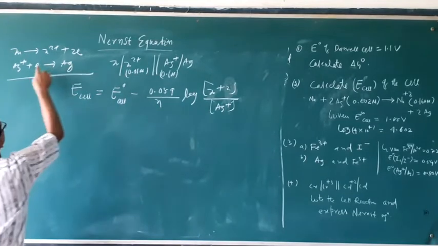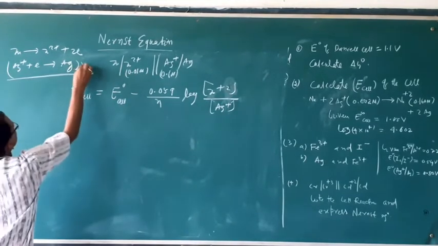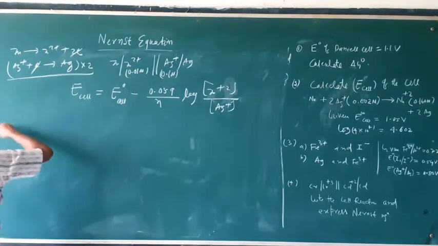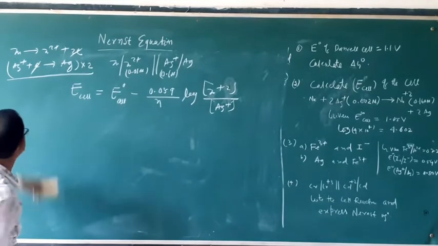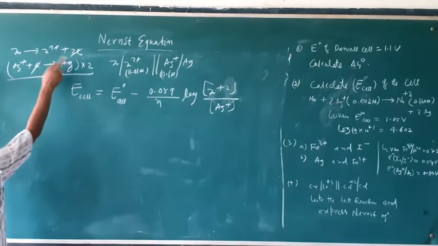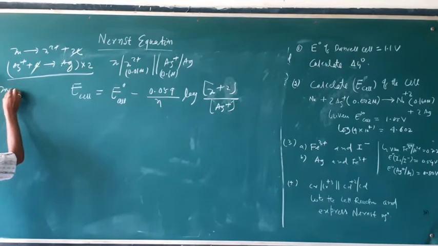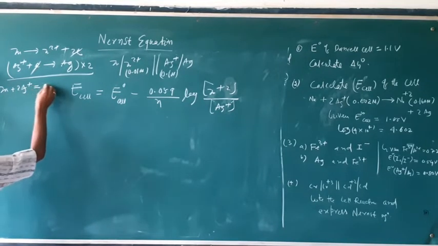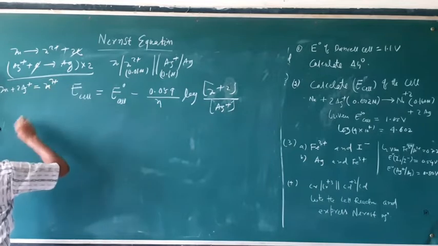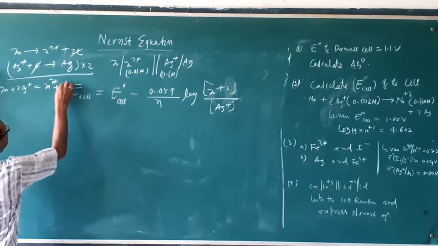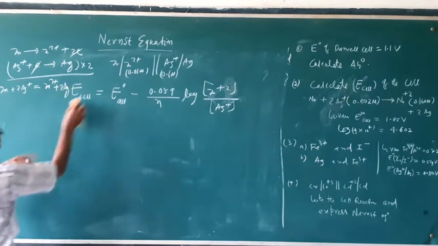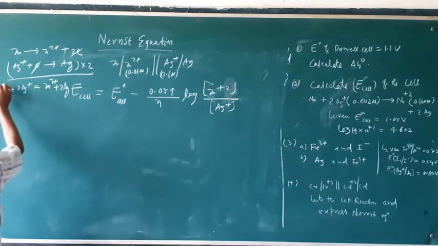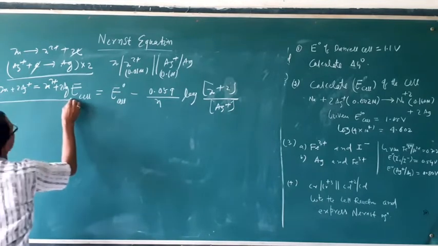Here 2 electrons, here 1 electron, you multiply by 2 here, then the electrons cancel. You know the ionic equation from 11th class. So what is the final equation? Zn plus 2Ag+ changes to Zn2+ plus 2Ag. So this is your what?